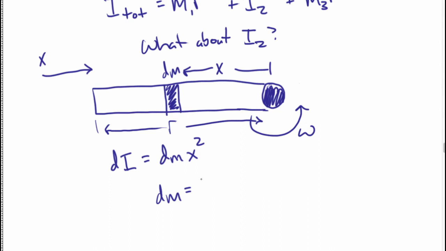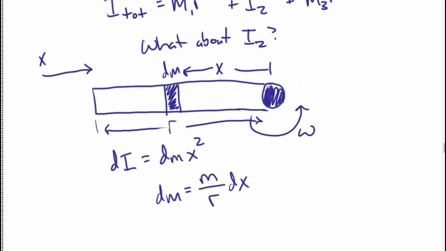All right, so the dm, the infinitesimally small mass, I can write as the mass density, which is the total mass of the object divided by the length of the object. So this is a linear mass density, because I'm assuming it's a one-dimensional object. And then I multiply that by dx. So this is just the density, like rho in a 1D sense, and then I'm multiplying that by dx, some infinitesimally small distance, to get how massive this little chunk is.